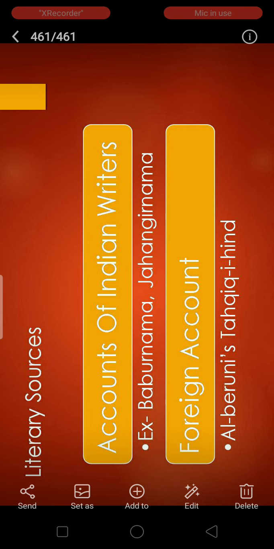So we start with the accounts of Indian writers. In the medieval period, we had all kinds of writing by contemporary writers like Babar's Babarnama and Jahangir's Jahangirnama, fascinating biographies giving the first-hand account of their lives and times.